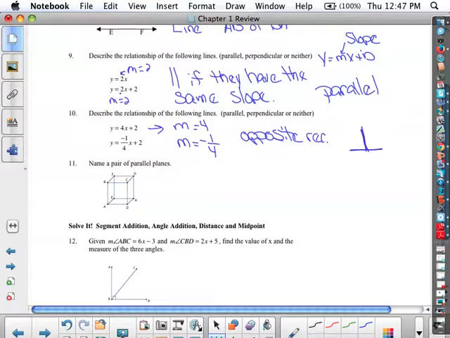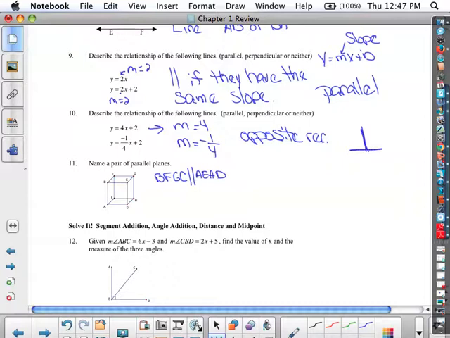Number 11 asks you to name a pair of parallel planes. I'll list all three so that you can see that. The first is BFGC is parallel to AEHD. Now remember, if you wish, you only need 3 letters. You don't have to write all 4.